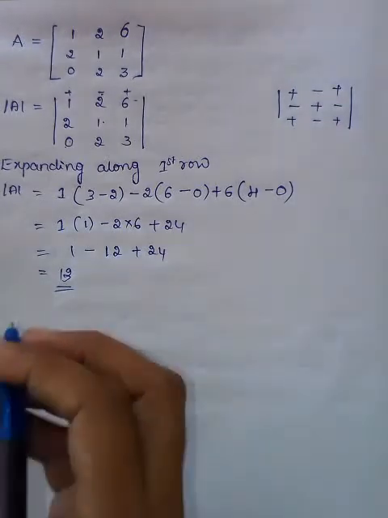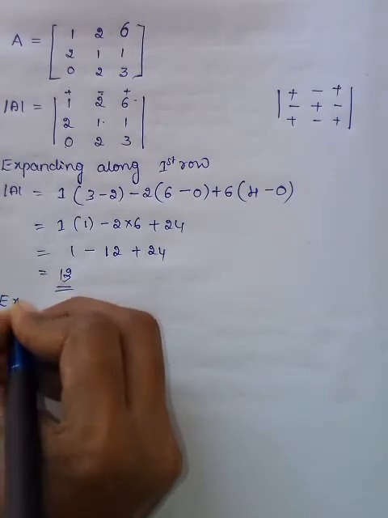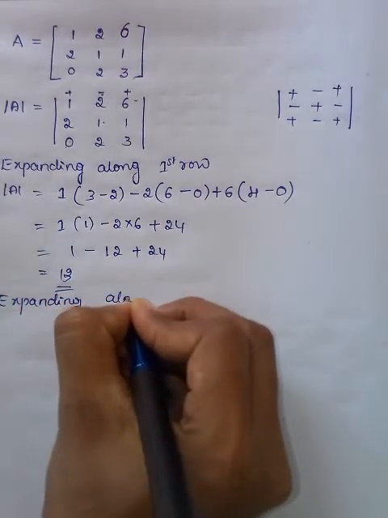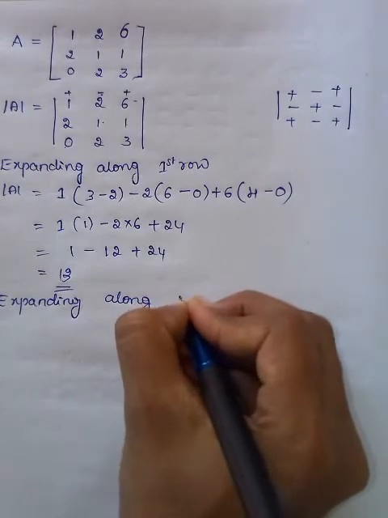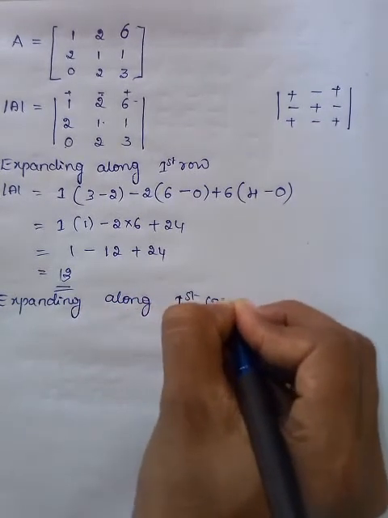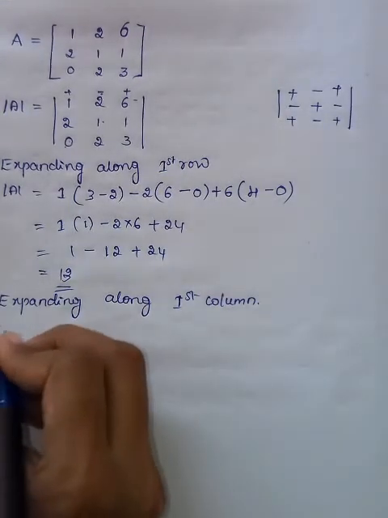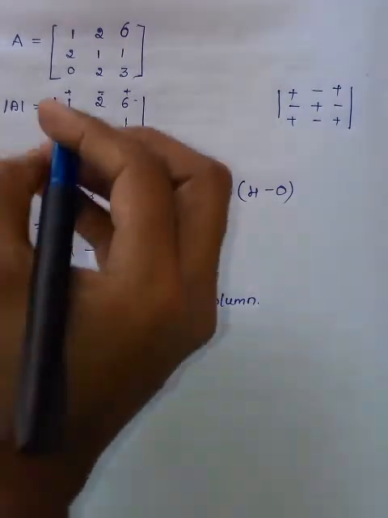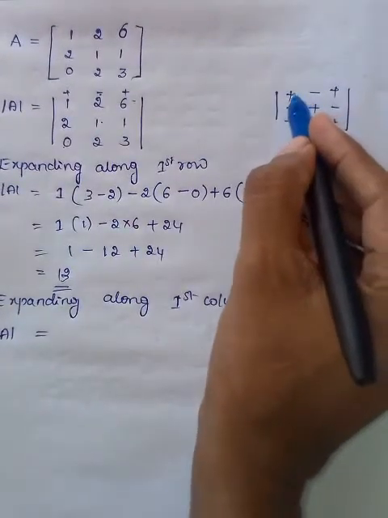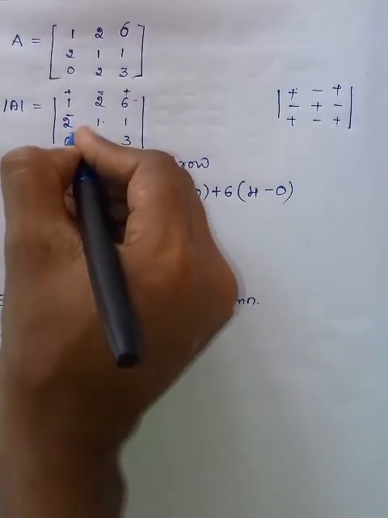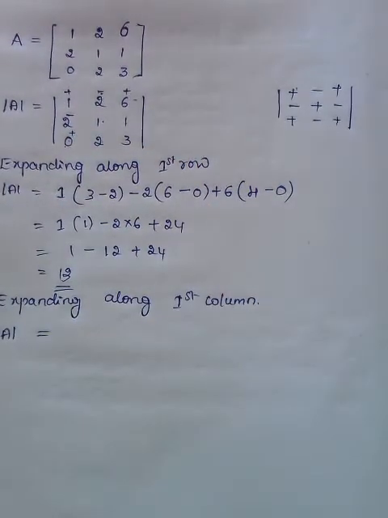Let's see. Now expanding the determinant along the first column. Determinant of A, the sign convention in the first column is plus, minus, plus, right?